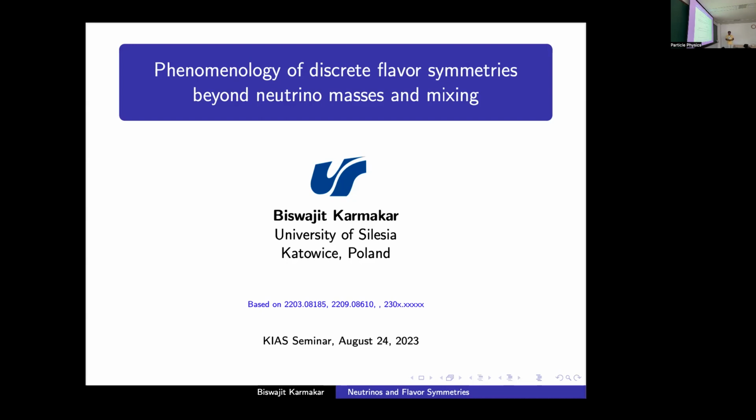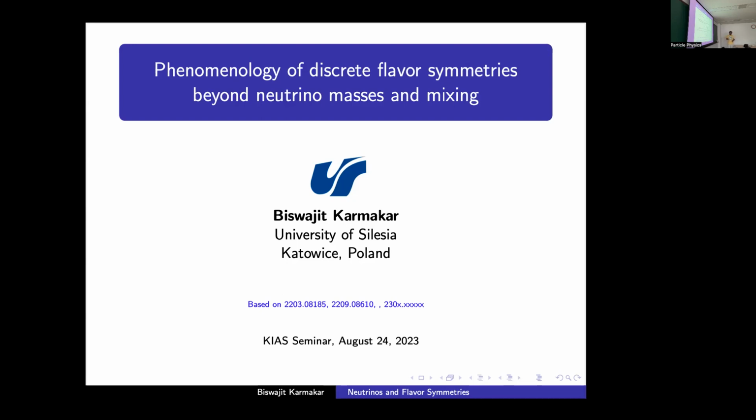Now, apart from these descendants of tribimaximal mixing, I will talk about some other scenarios which are still feasible. One such is co-bimaximal mixing. We know what mu-tau permutation symmetry is, that means the exchange of mu and tau flavor. If we also introduce the CP symmetry with that, that is called co-bimaximal mixing.